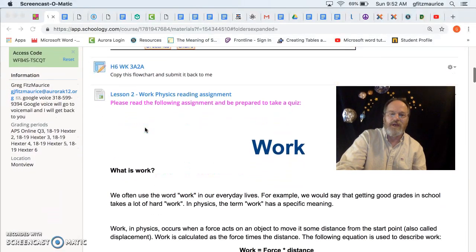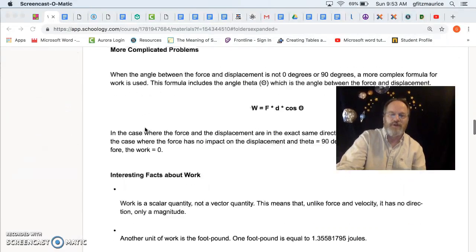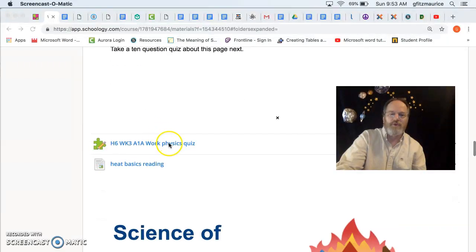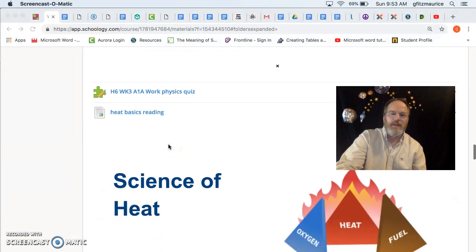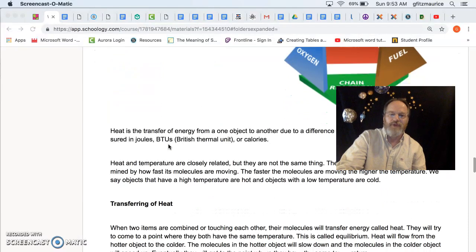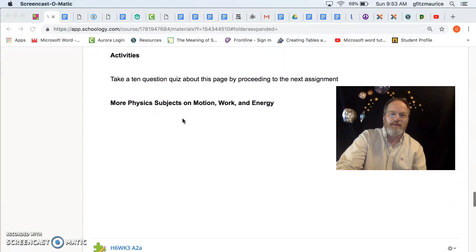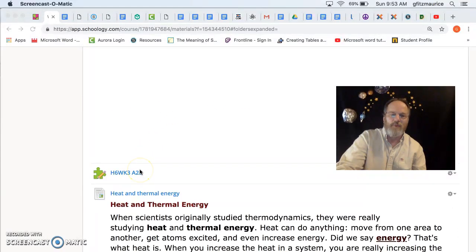Then there's a short reading on work, the physics definition of work, and a short quiz. There's another reading on the science of heat, about the transfer of energy, and then a short quiz on that as well.